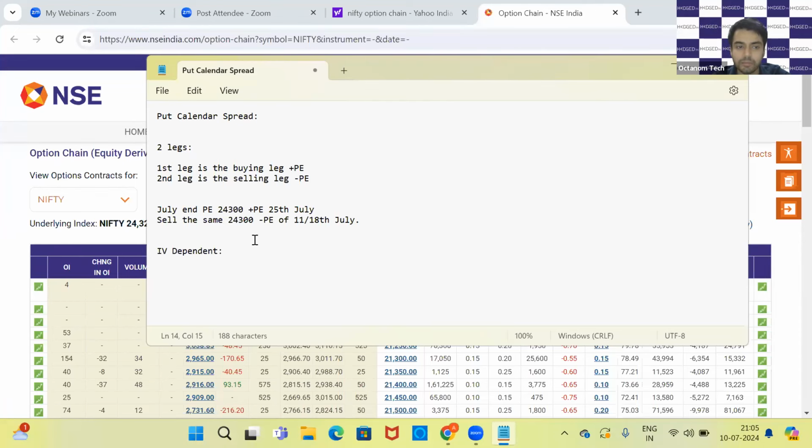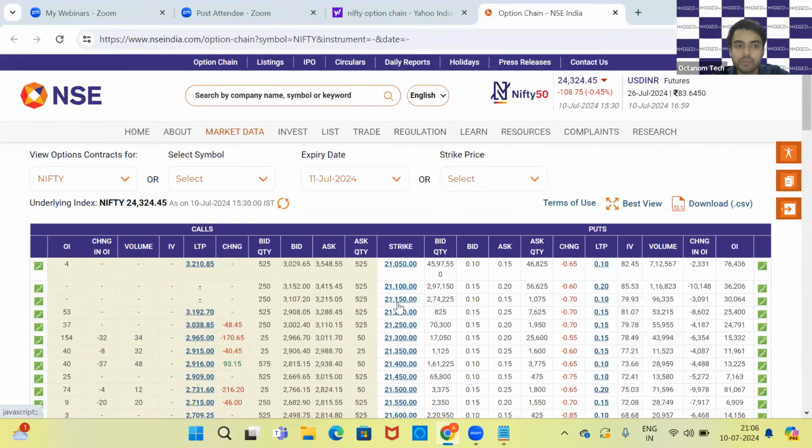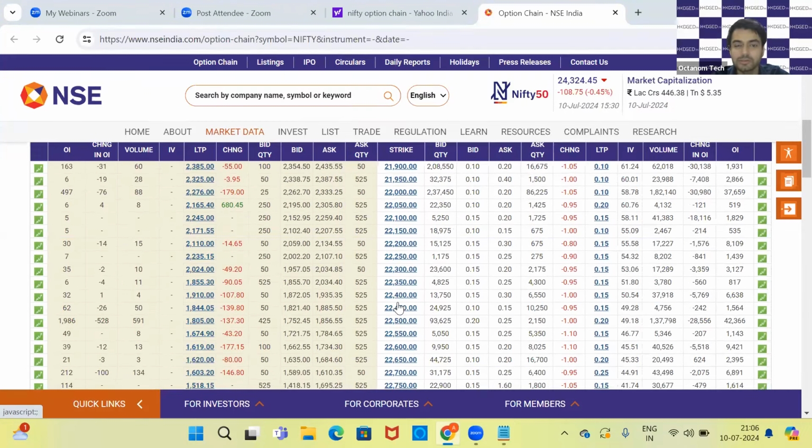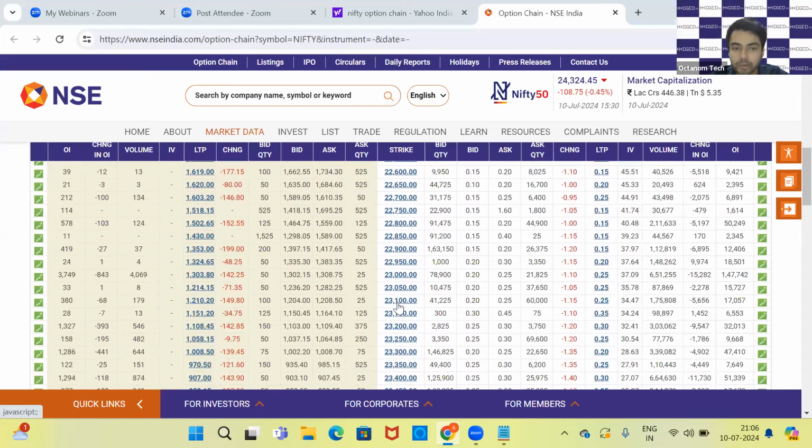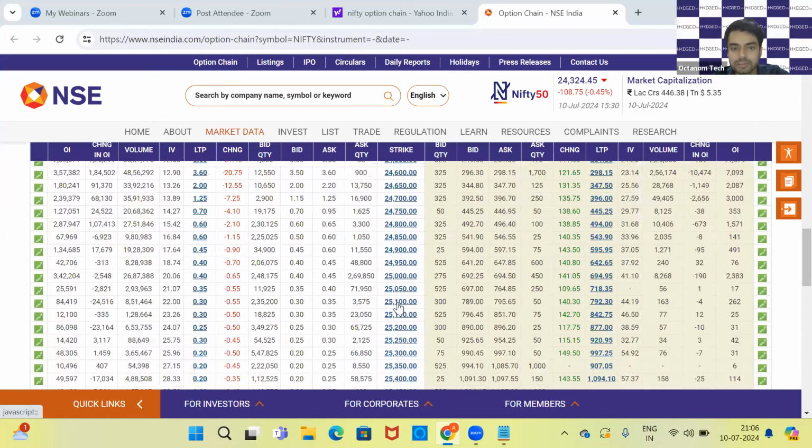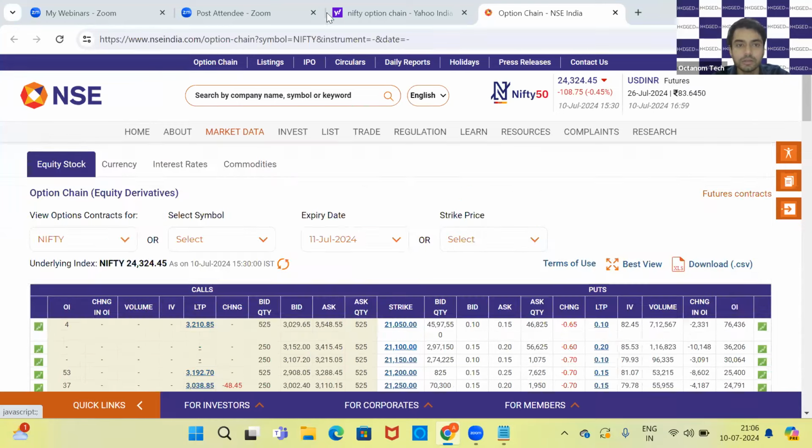Now let's just take an example and first understand, considering that there is no IV dependency on the trade, what is the maximum profit, where will be the maximum profit and where will be the maximum loss. So let's come back to option chain. And then I'm going to give you advice, or a tip, on how we plan put calendar spreads. But right now, let's just take a simple example.